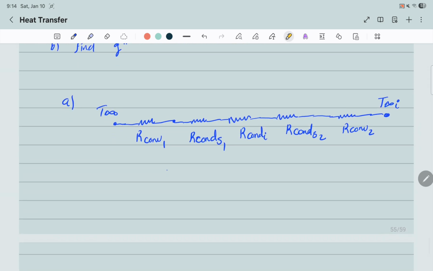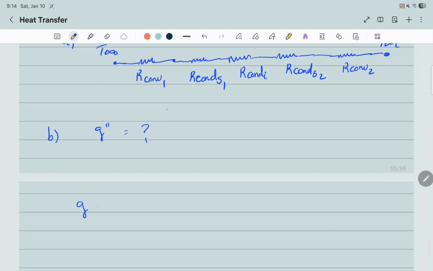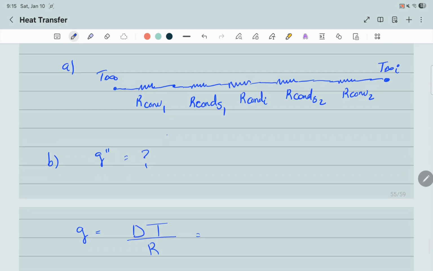Now after we have found the thermal circuit, we can start by solving for the heat flux. We can start by first solving for Q, which is the heat transfer. Heat transfer equals change in temperature divided by the resistance. Now the difference in temperature is the outer surrounding temperature minus the inner surrounding temperature, divided by the sum of all the resistances.